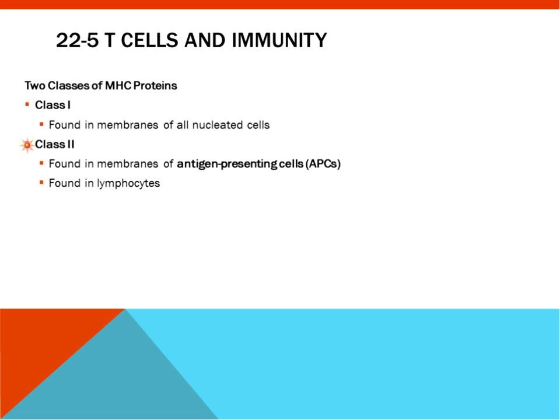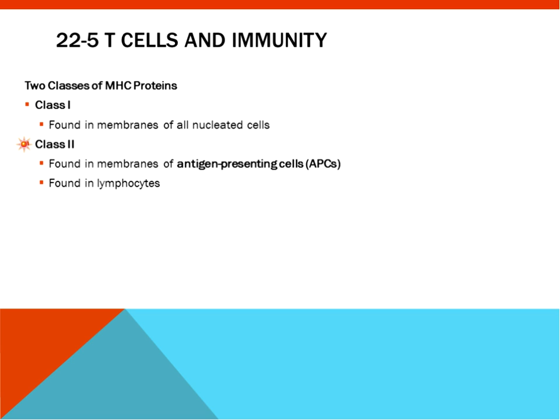These macrophages can take an antigen inside, have it bind with its lysosome, which has a bunch of chemicals in it to digest it, break that antigen up, and then take a piece of that antigen and display it on its class 2 marker. It shows the T cells, like, look, this is what we're dealing with. This is our problem in sector G. Now that the antigen is bound to an MHC marker, the T cells can recognize it. We also find these class 2 markers on lymphocytes as well.